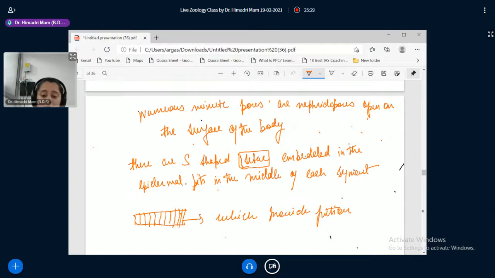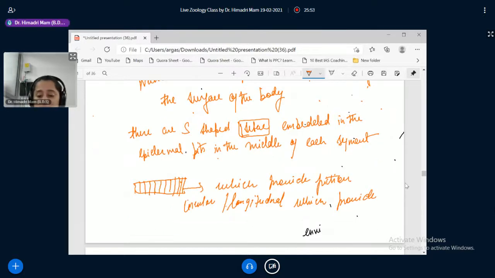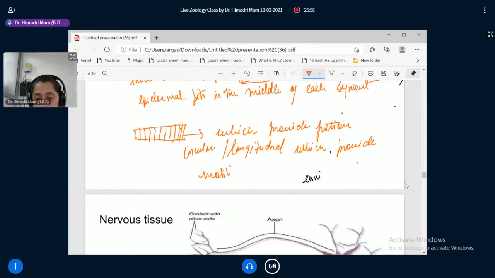Okay. Now, we have the circular and longitudinal muscles, which provide motility to the earthworm.